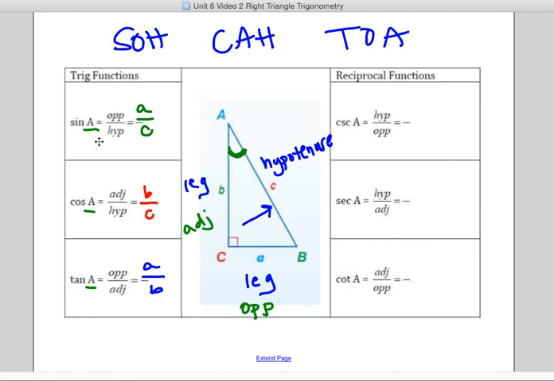So the reciprocal for sine is cosecant, spelled CSC. So it becomes hypotenuse over opposite when we flip it.